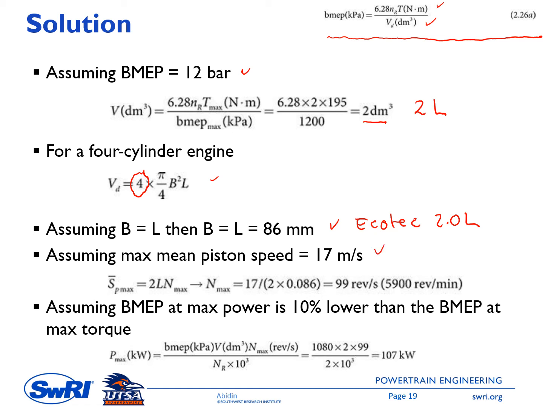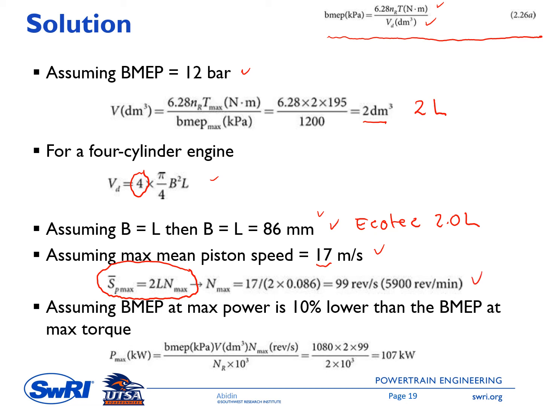Once we fix this maximum mean piston speed, we can get the maximum engine rotation speed using this correlation. The mean piston speed equals 2 times L times n_x, where L is the stroke, 86 millimeters, and this is the assumed maximum mean piston speed.